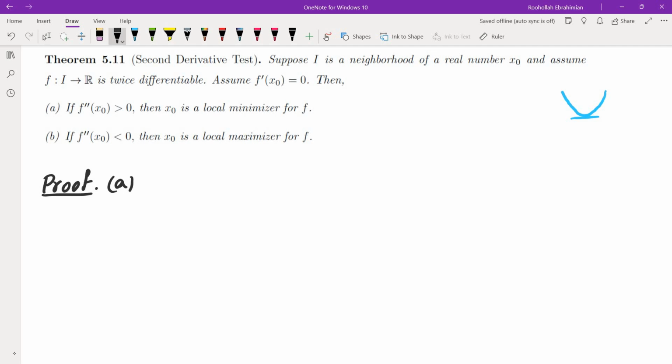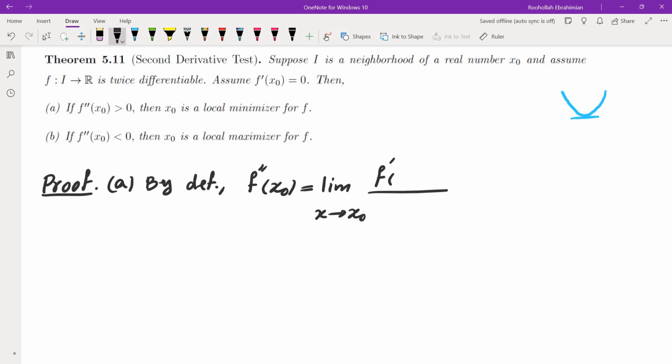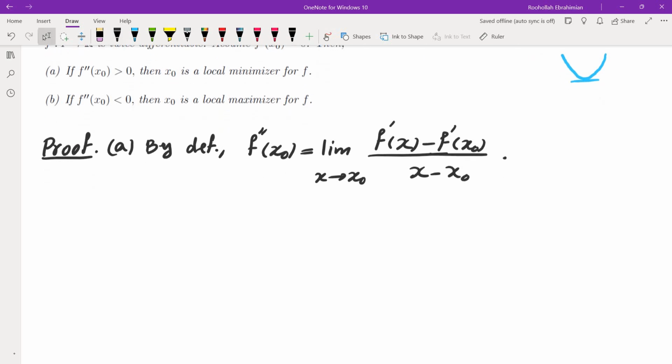Okay, so f double prime being positive, we can just use the definition. By definition, f double prime of x0 is the limit as x approaches x0 of f prime of x minus f prime of x0 divided by x minus x0. Now, this limit is positive.